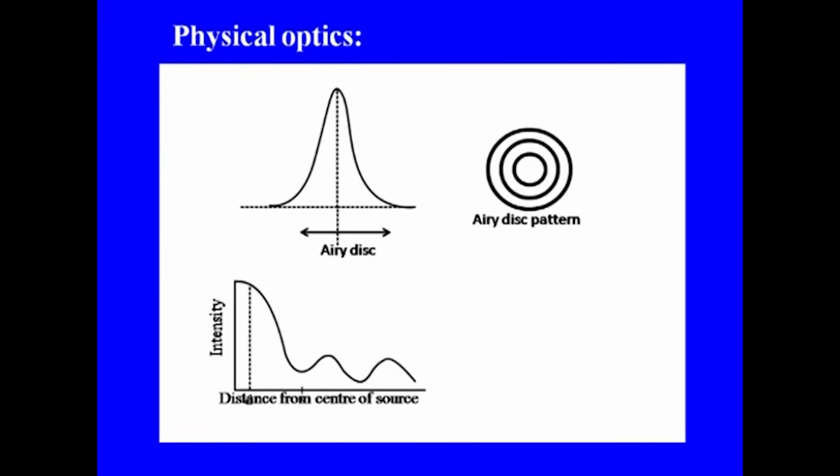As we can see here, the airy disk pattern has a central bright light, surrounded by concentric light and dark rings, which are the result of destructive and constructive interference.